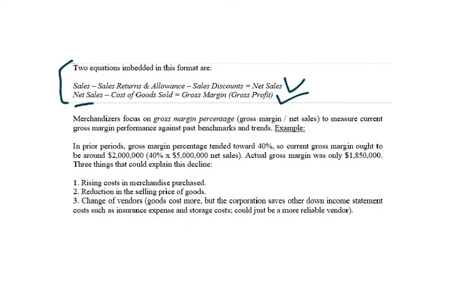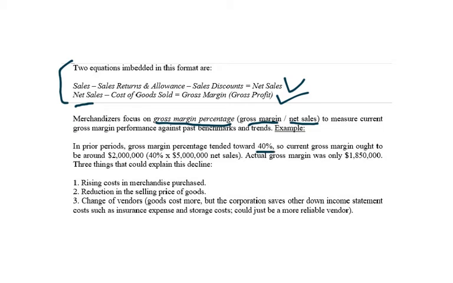All right, so we already talked about the formulas implied in this one here. We're going to look at the concept of gross margin percentage, which is just simply taking our gross margin divided by our net sales. So in other words, it's just going to be like, what was that margin divided by net sales, and that'll give you what your percentage is. Now, in this case, the analysis I'm going to look at is we're going to look at saying this business in prior periods had a tendency towards 40% for this.